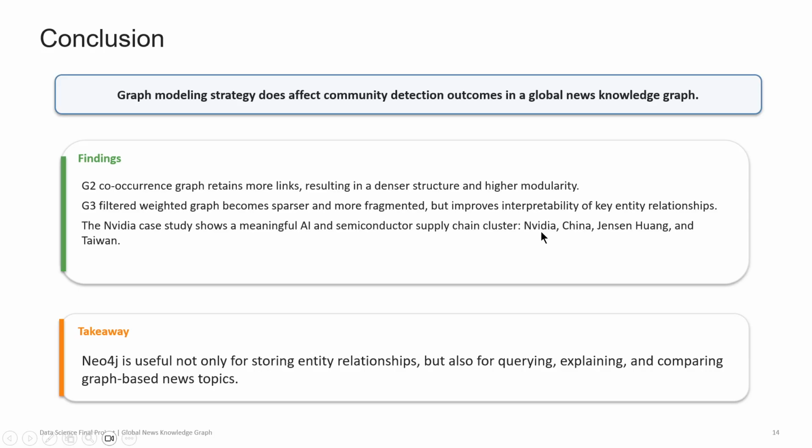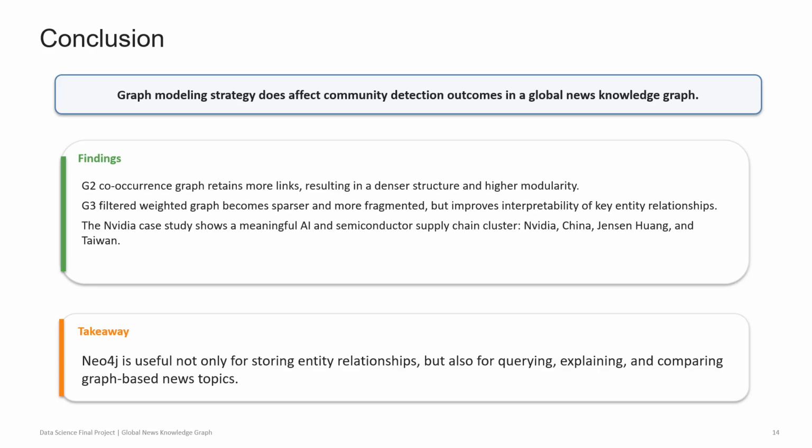There are also some limitations. First, our dataset mainly contains article titles, not full article text. This limits the number of extracted entities. Second, spaCy NER can misclassify technology terms and title fragments.